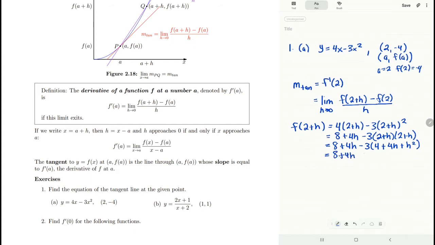Now we can distribute the negative 3 through the brackets, so that's negative 12 minus 12h minus 3h squared. Collecting like terms, we get negative 3h squared minus 8h minus 4.